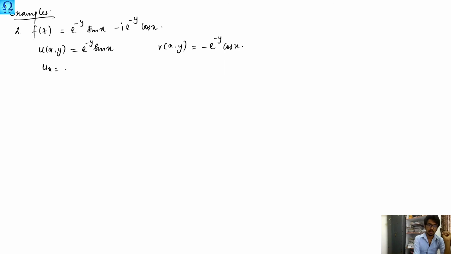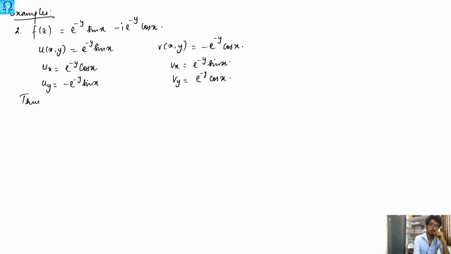So my u x is e to the power minus y cos x, and v x is e to the power minus y sin x, and u y is minus e to the power minus y sin x, and v y is minus of minus, that becomes plus e to the power minus y cos x. Thus u x is the same as v y, and u y is the same as minus v x.